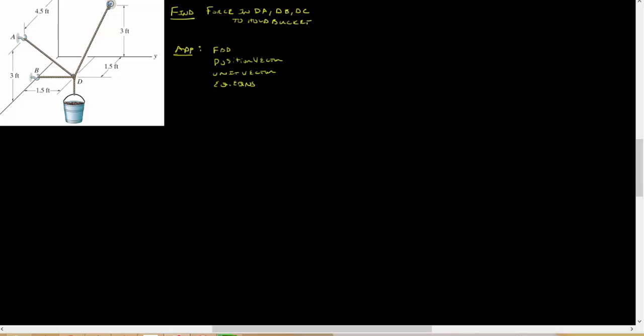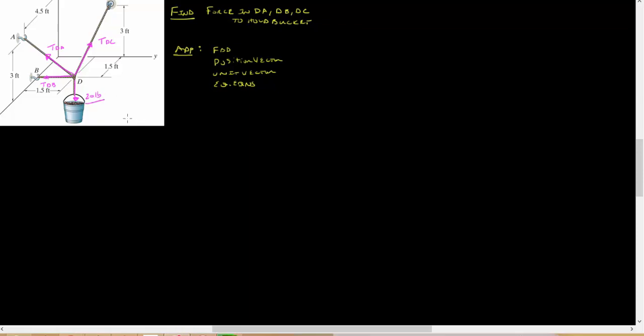So I'm going to go ahead and cheat a little bit, and I'm going to say this is tension DC. This is tension DA. This is tension DB. And the bucket we were told was 20 pounds.